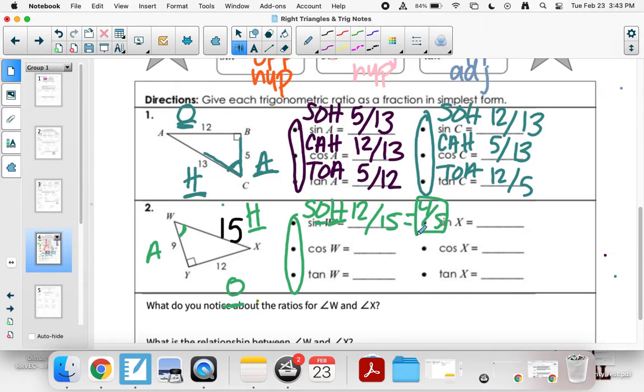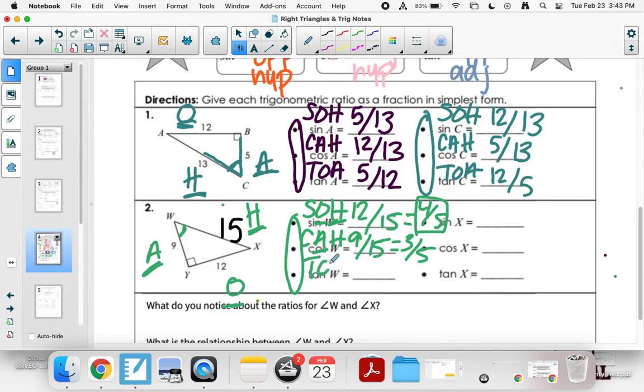Okay, cosine, CAH. A has to go on top. A is 9, over H, our hypotenuse, 15. Again, I can simplify. 3 goes in there: 3/5.